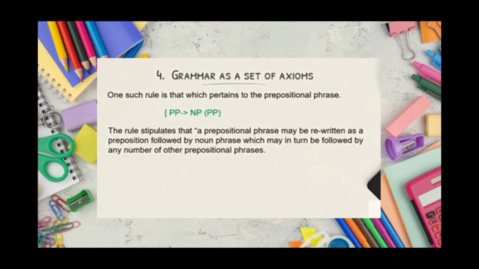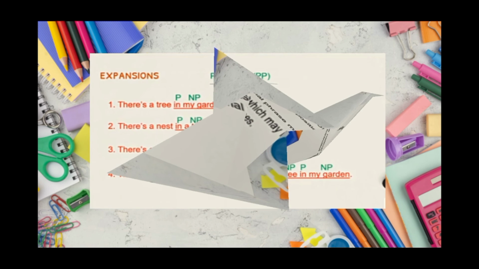Number 4, grammar as a set of actions. One such rule pertains to the prepositional phrase. The rule stipulates that a prepositional phrase may be rewritten as a preposition followed by a noun phrase, which may in turn be followed by any number of other prepositional phrases.